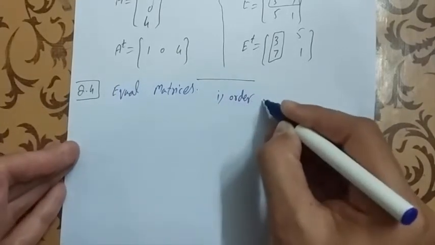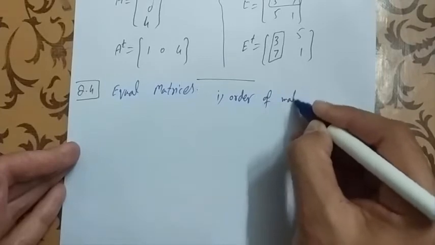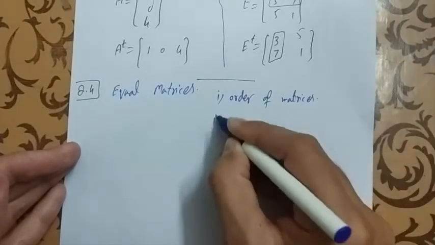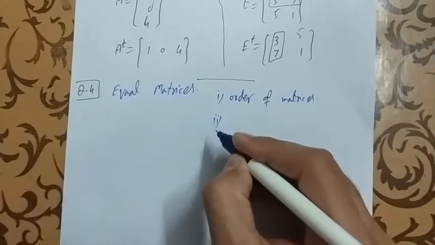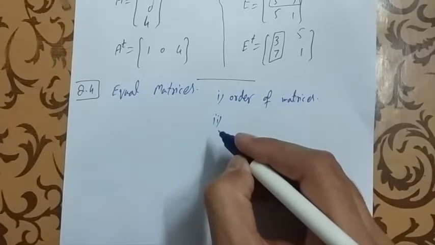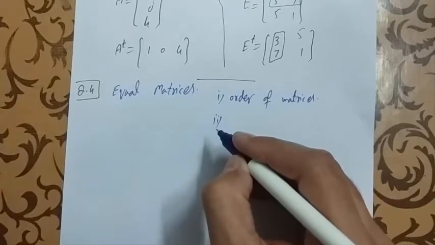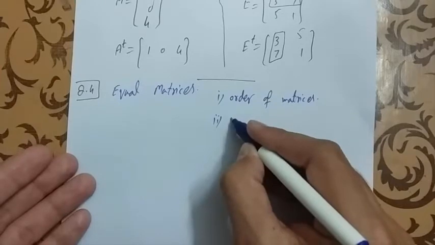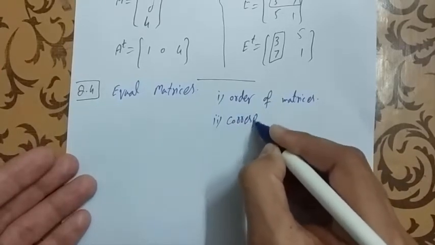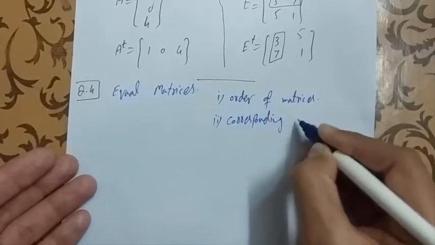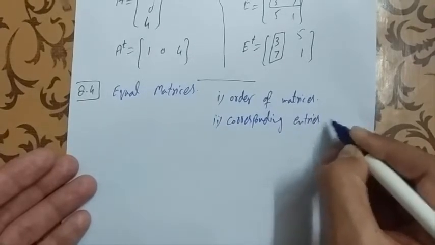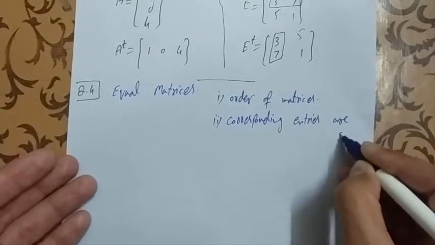The order of the matrix. And the second is that the entries in the first matrix and in the second matrix are always the same. Keep in mind that the corresponding entries of matrix A and matrix B are the same.